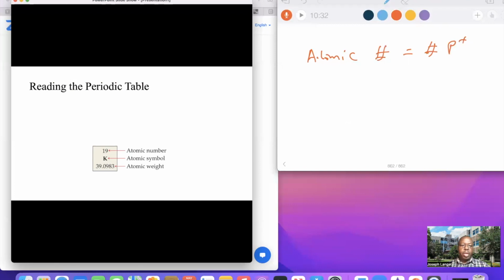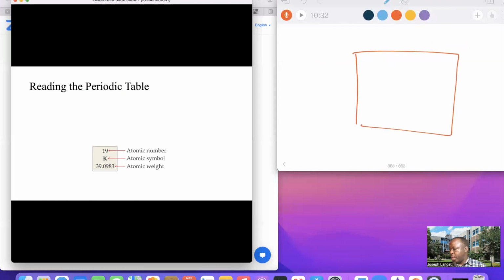What you are asked is to be able to read the periodic table. You will see also such elements as carbon, that's the chemical symbol, with its atomic mass, where significant figures can be more than that, and the number above it is the atomic number.